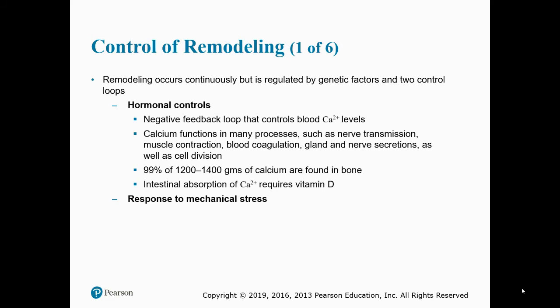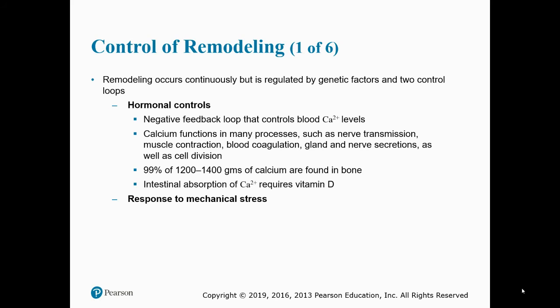Now, another factor that goes into this remodeling process is simply hormones, right? Hormones control our body to a great degree. The other way we control our body is by our nervous system, but hormones are very important because they generally act slower, but they act for a much, much longer duration. So as we start to think about what's occurring in this process, we have to realize, well, why do we even keep calcium phosphate salts in our bones besides making them hard?